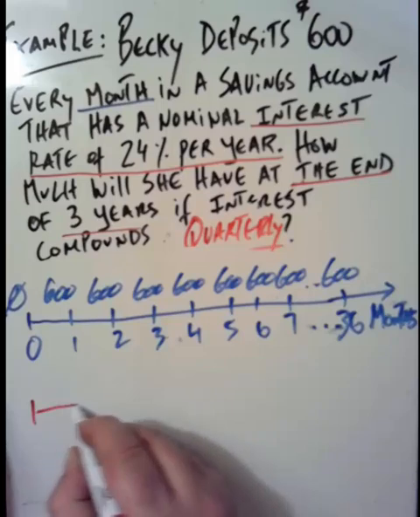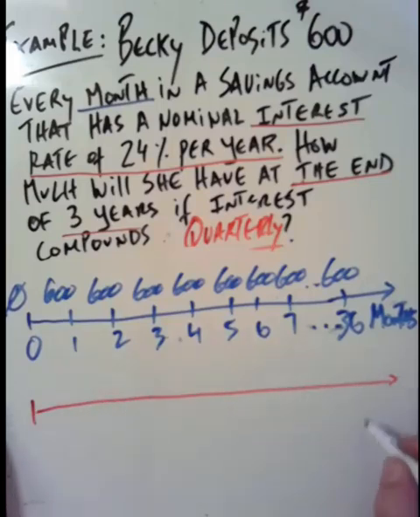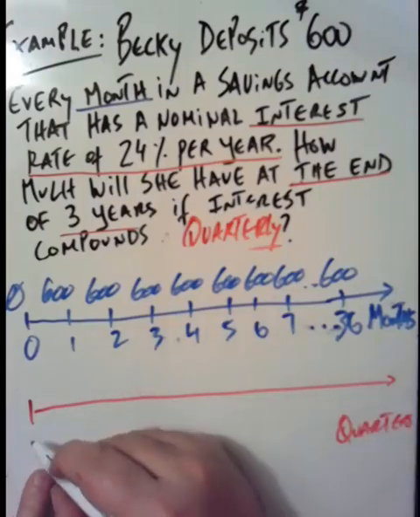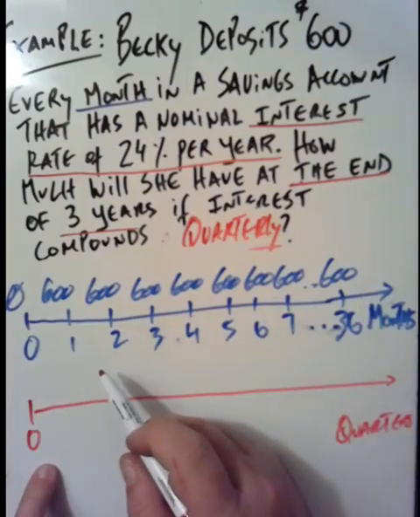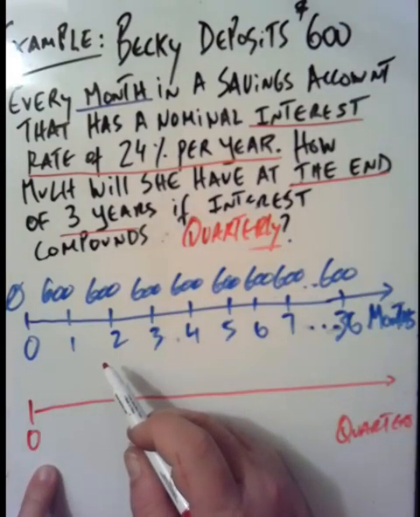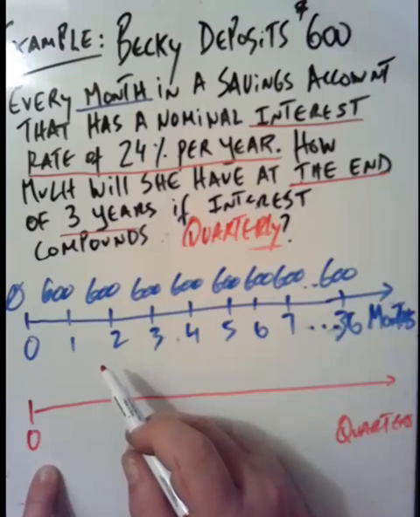Because this is a case 3, we need to envision everything in the frequency of compounding, quarters. So a year has 12 months, and a quarter has 3 months, right? There's 4 quarters in a year with 3 months each.